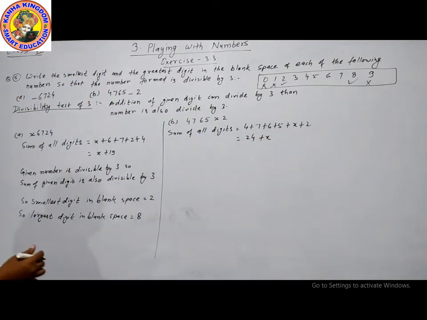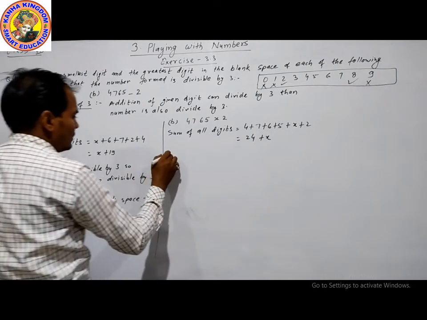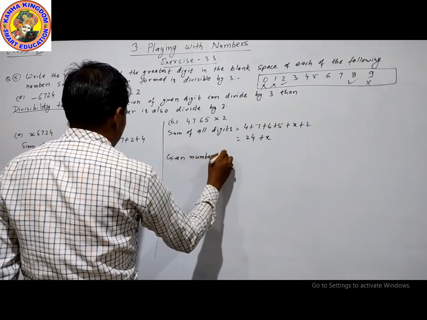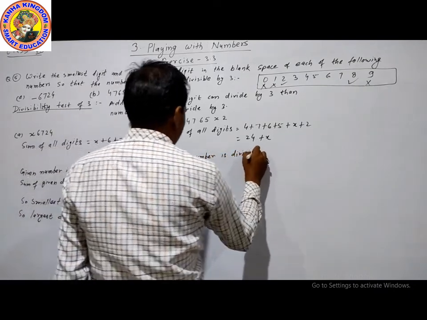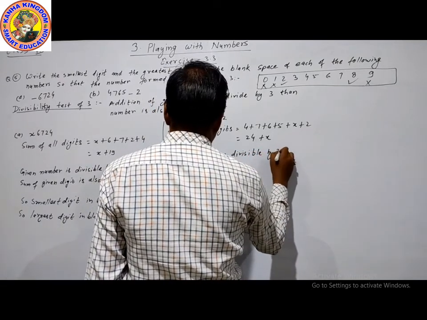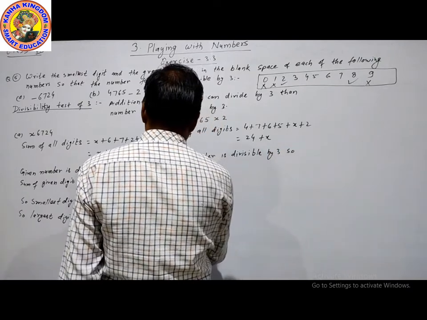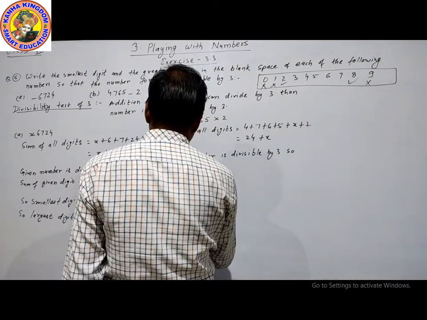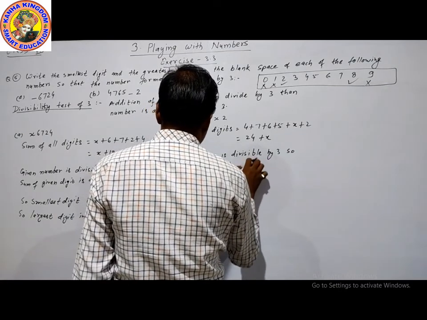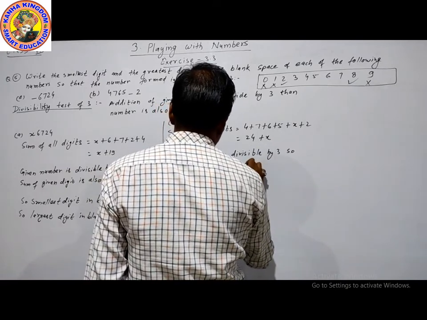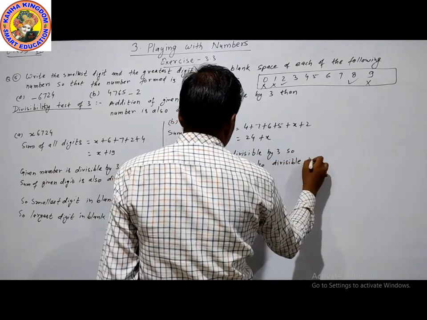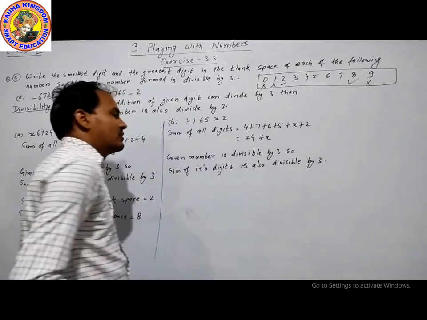What value of x will we use? The given number is divisible by 3, so the sum of its digits is also divisible by 3.